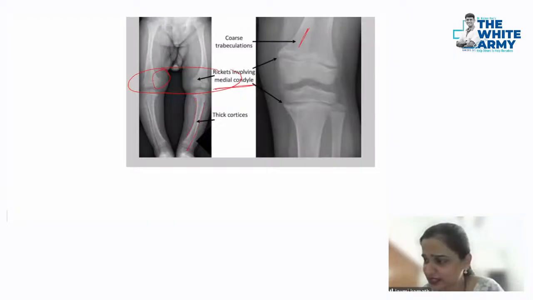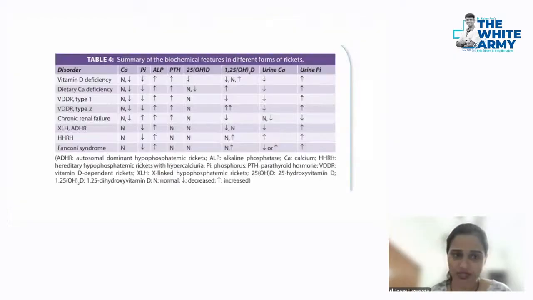But you can see that there is a bone mineralization defect causing splaying and some amount of mild cupping only on one condyle. So if you have this non-uniform distribution of radiological features, then also you should think in terms of refractory rickets. So this is the summary of the entire refractory rickets discussion.